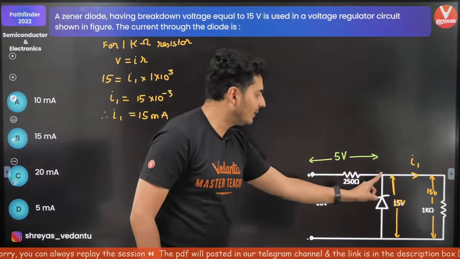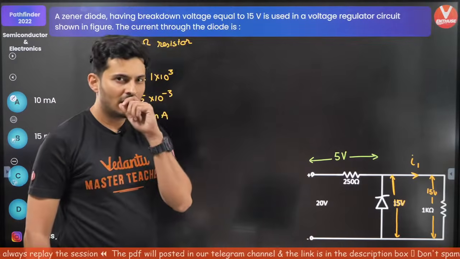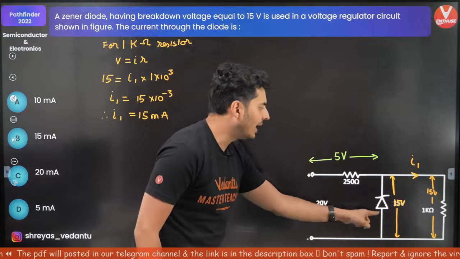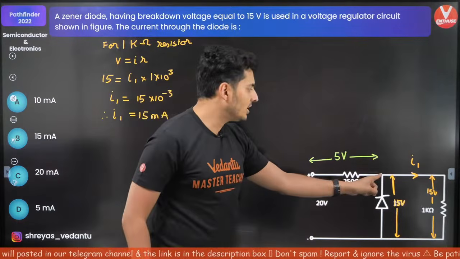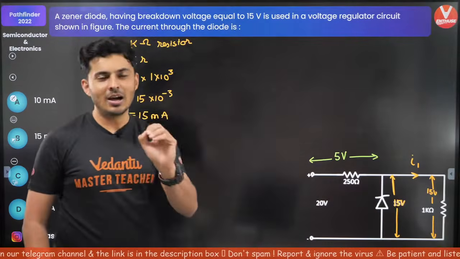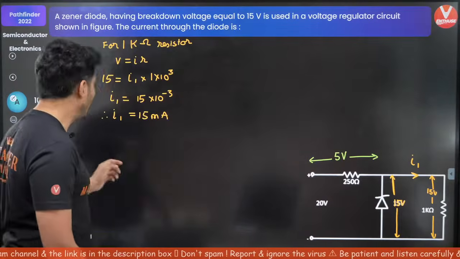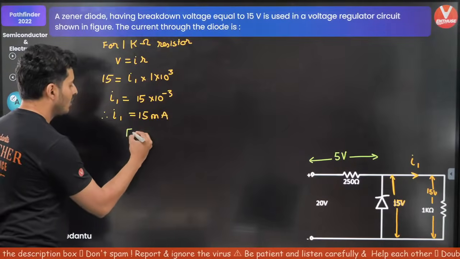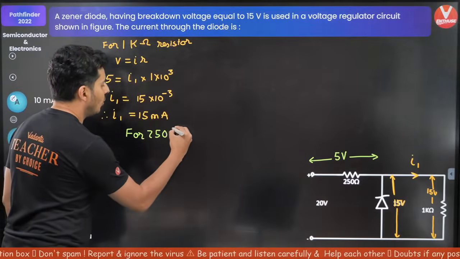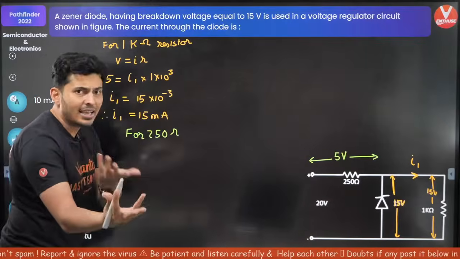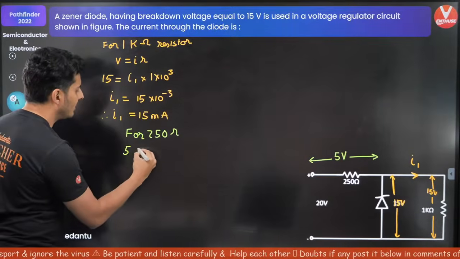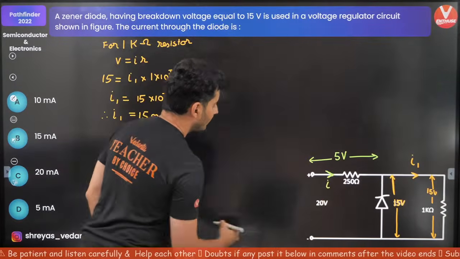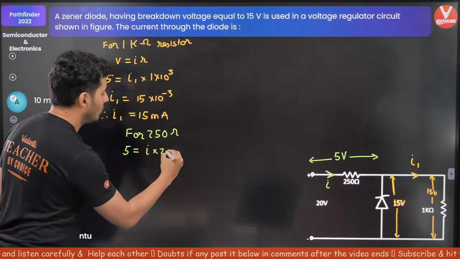But the question is to find the current through the diode. If I find the current through this resistor, I know by Kirchhoff's current law, the junction law, I can find the current through the Zener diode. So let's try that out. For the 250 ohm resistor, V is again IR, voltage is 5, current, let's just call it I. So I into 250.